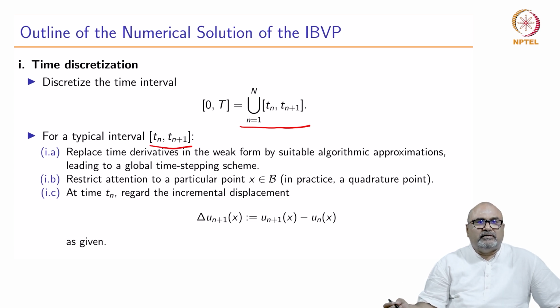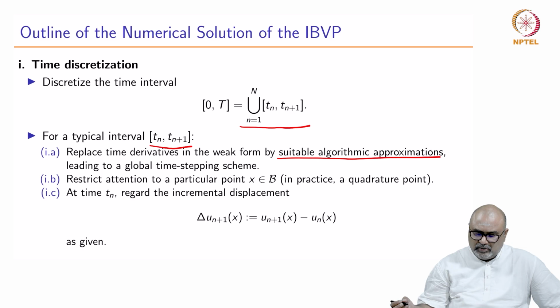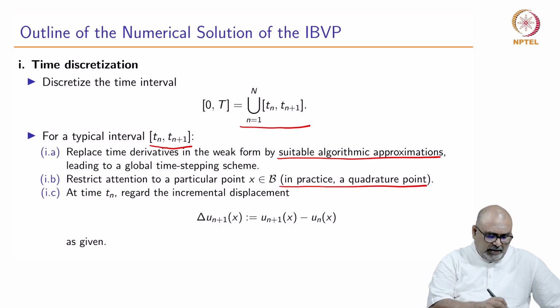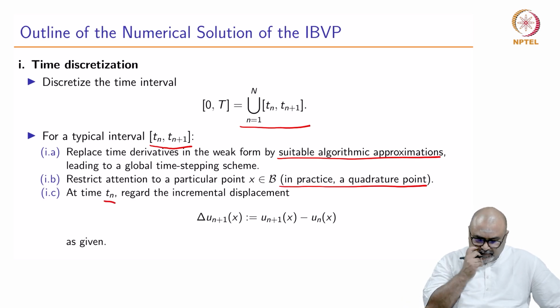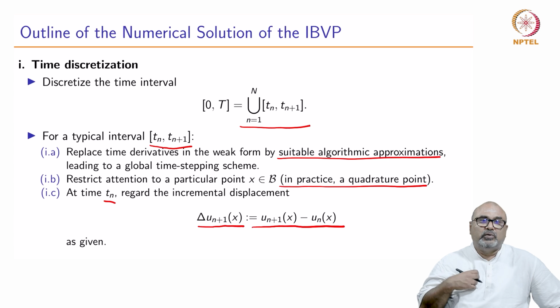Now, we replace the time derivatives in the weak form by suitable algorithmic approximations, leading to a global time stepping scheme, and we restrict the attention to a particular point x belonging to the domain, typically a quadrature point or a Gauss quadrature point that is used for numerical integration. At any time Tn, regarding the incremental displacements, we can write delta un plus 1 of x is defined as un plus 1 of x minus un of x.